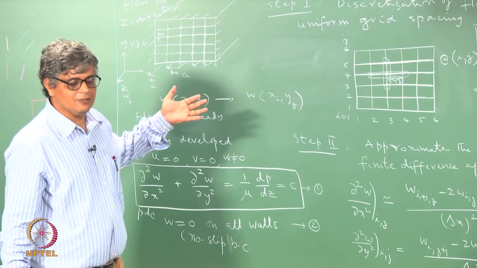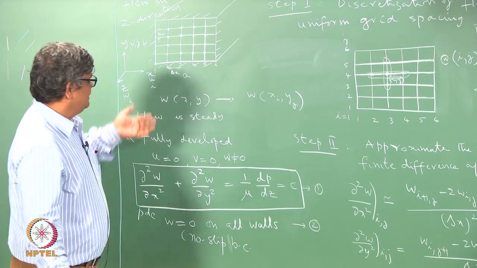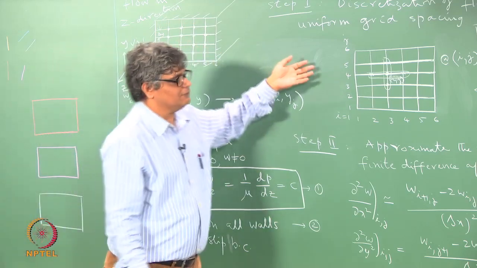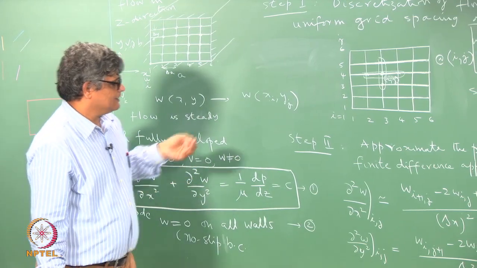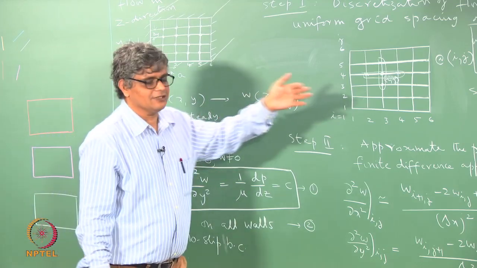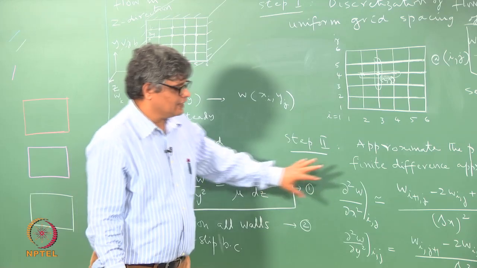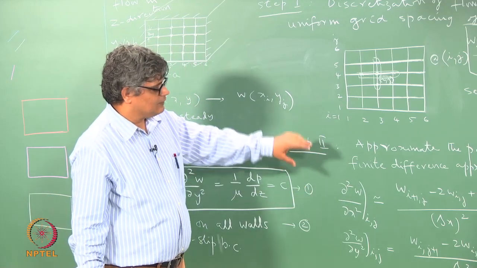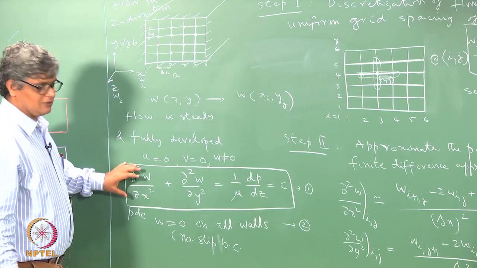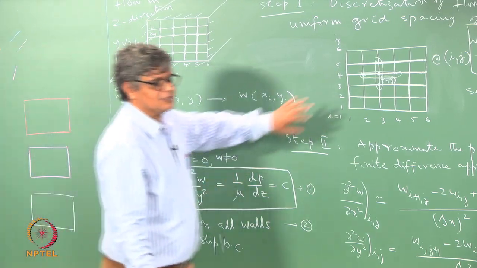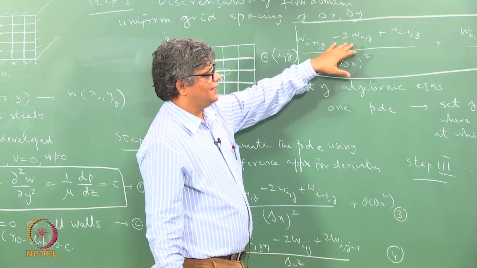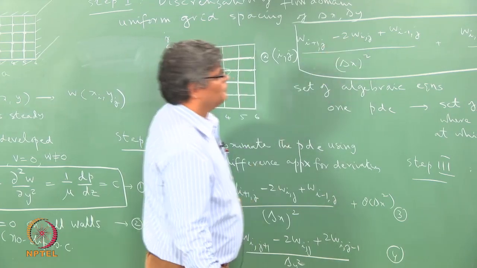So the CFD approach, to summarize, is that we have a step 1 where we identify the grid points at which we want to have the velocity, and in step 2 we convert a partial differential equation into a set of algebraic equations using finite difference approximations. These approximations enable us to substitute the derivatives with difference approximations which involve the velocities at the grid points as the variable values.